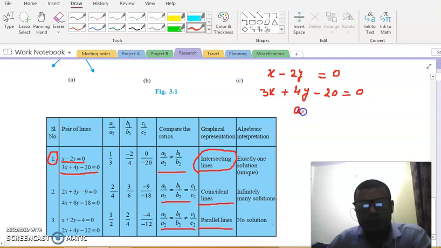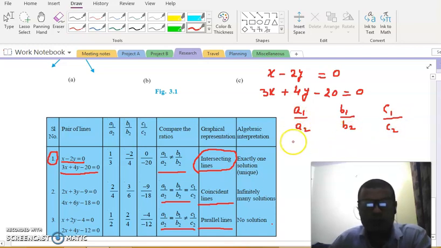We are writing a1 upon a2, b1 upon b2, and c1 upon c2, because we do not know which condition is going to be satisfied, so I'm not putting any equal to or not equal to sign. Write the values.